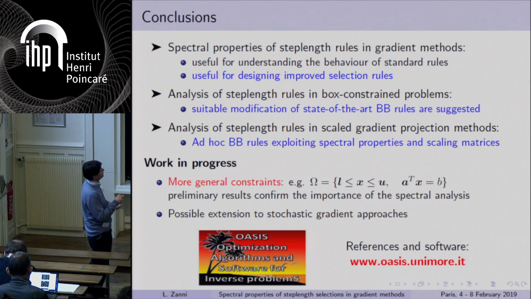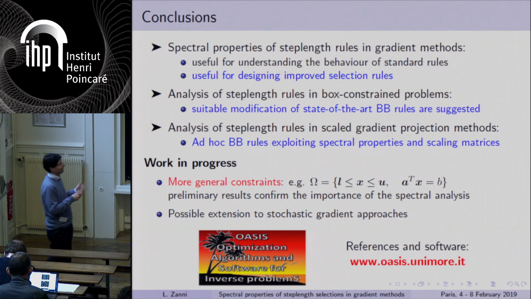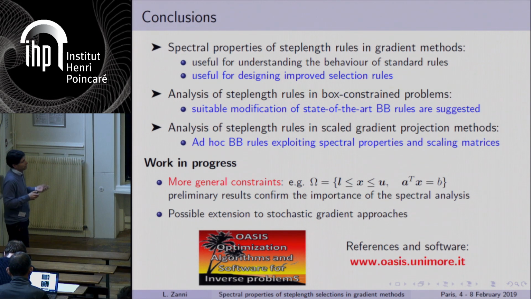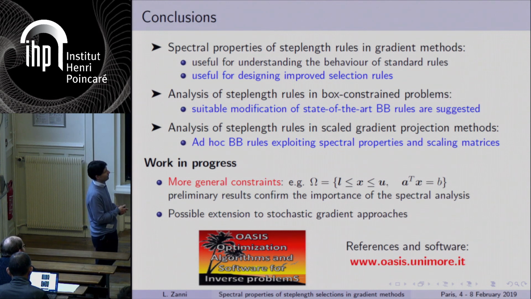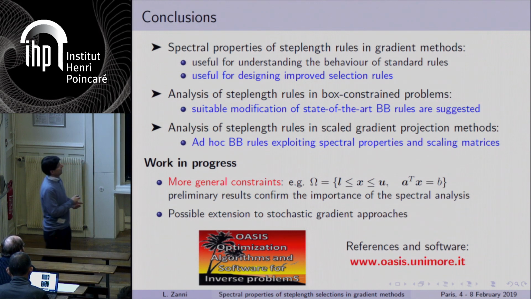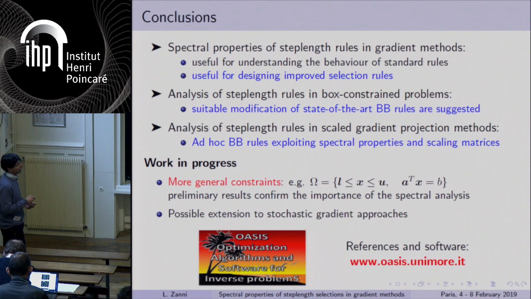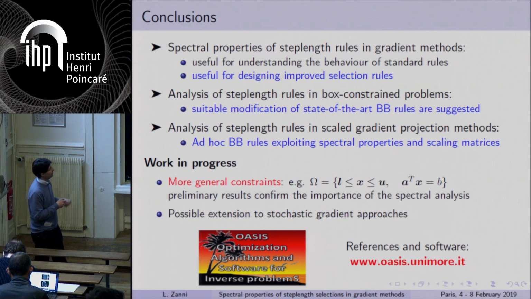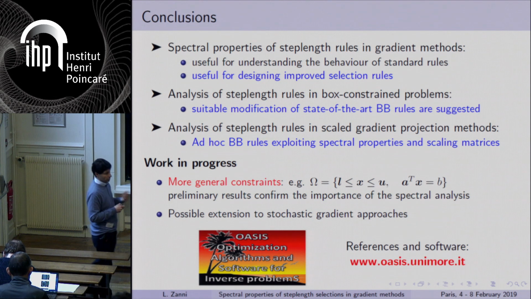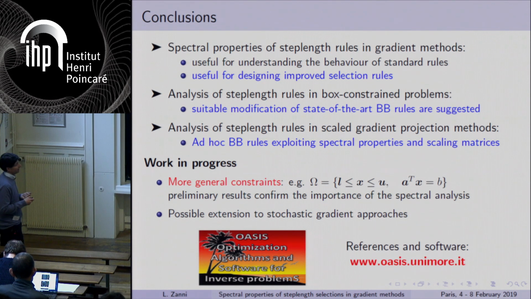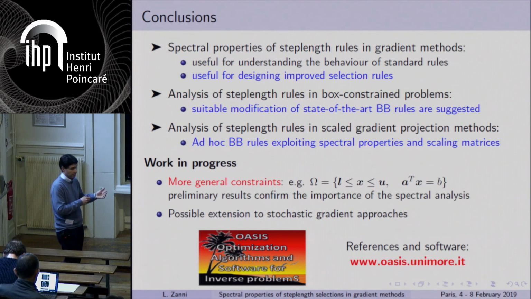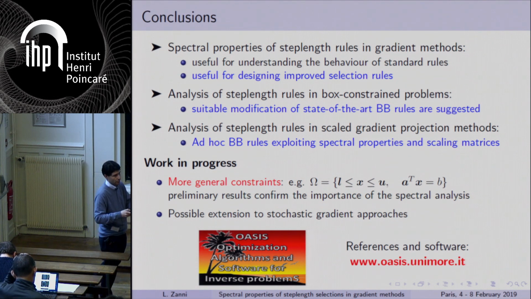These topics are not widely investigated in literature, so I suppose that this can be useful to improve the standard gradient projection scheme. Furthermore, I recall the importance of using the scaling matrix in the gradient projection application to image reconstruction problems. And in that case, it is of course important to adapt the step length rule not only to exploit spectral property, but also to exploit the presence of the scaling matrix.